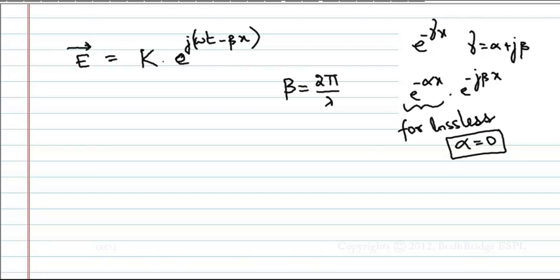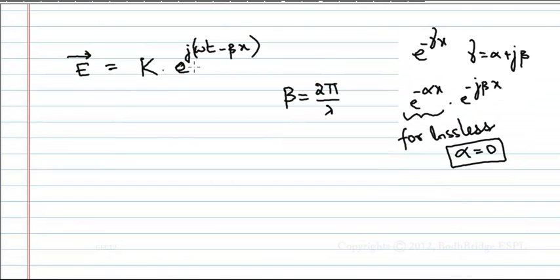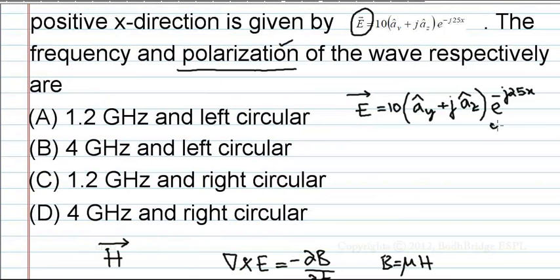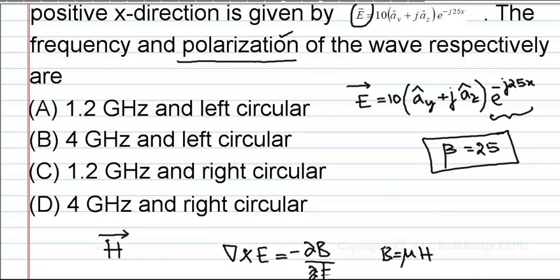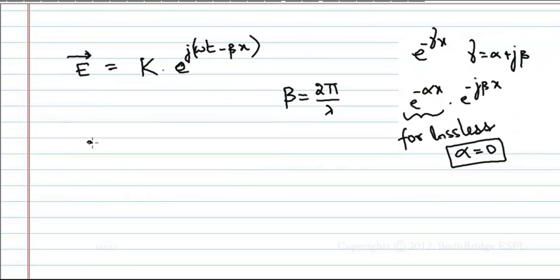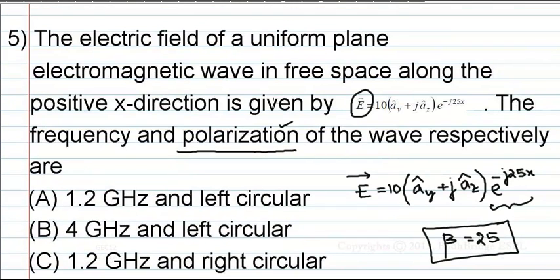So I am writing this. Here we have e power minus j beta x. If you look here, it is e power minus j beta x. So beta is how much? 25. Now apply the formula. 25 is equal to 2 pi by lambda. He asked the frequency, and note that in the first statement, the wave is going in free space.